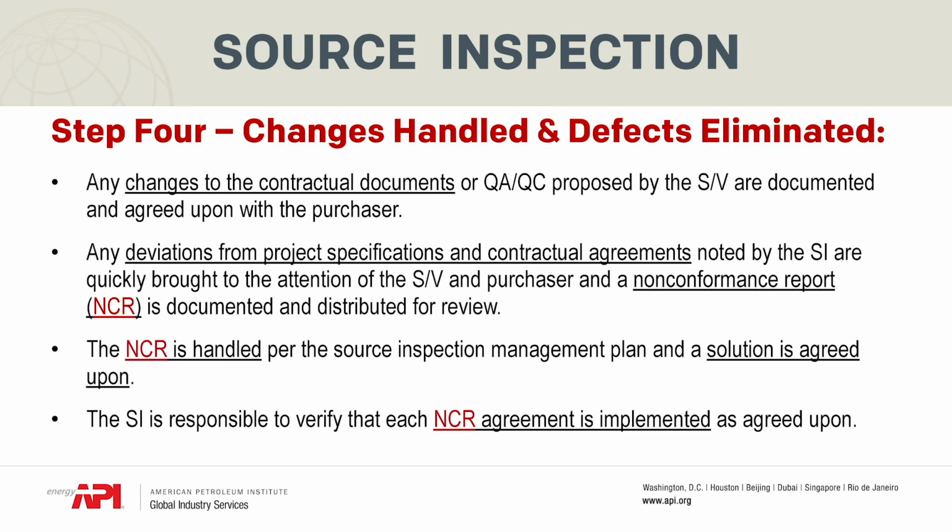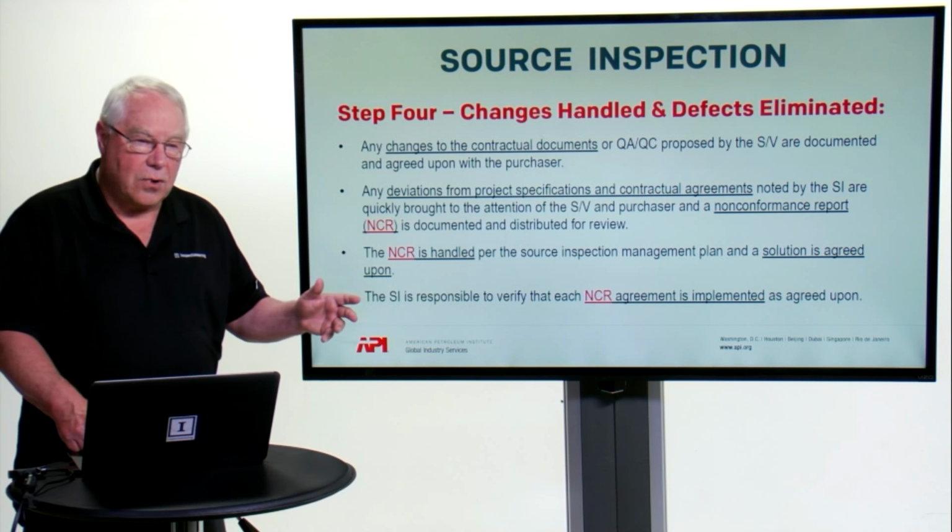It's not at all uncommon during the fabrication stage that the supplier vendor would come back to the purchaser or the source inspector and say, hey, we can do something a little better. If we change this, it'll save you money. We can create a better product, etc.